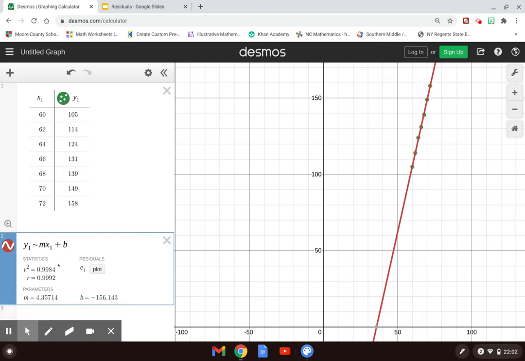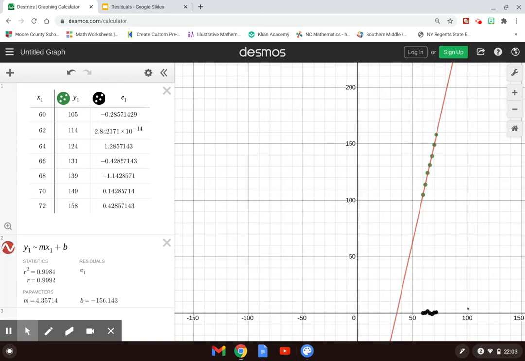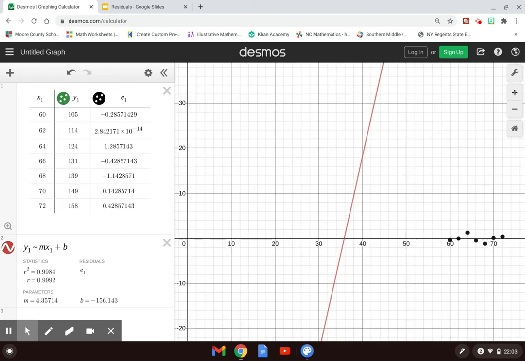And notice here how, again, we get the R factors, the correlation coefficient, our slope, our y-intercept. Then if I plot, over here, Desmos does all the math for me. And then right down here on my x-axis, I see that I'm given what we call the residuals. Okay, this is the residual plot.